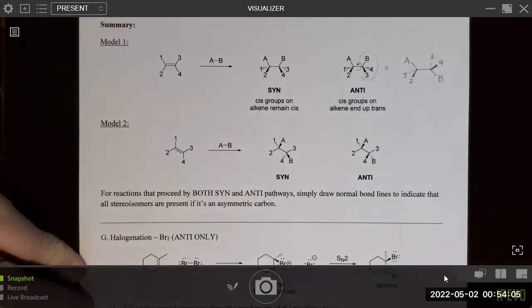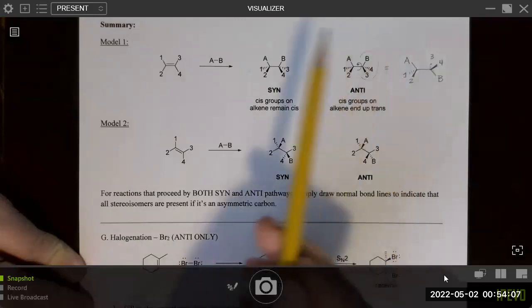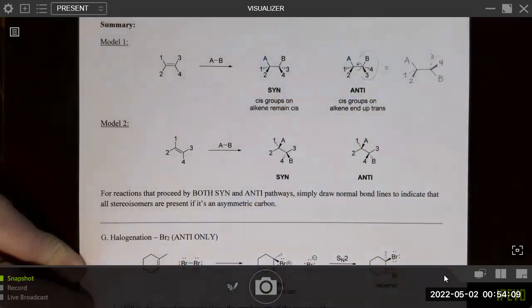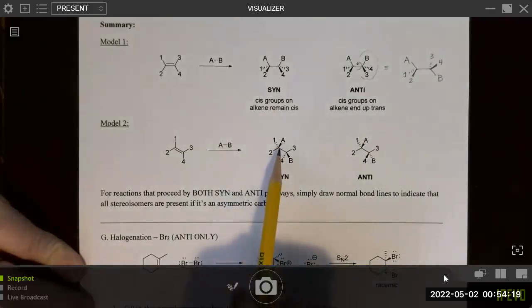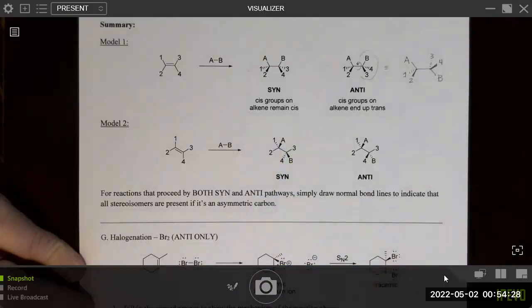Okay, so we just want to keep this in mind when using model 1. And we'll be going through this as the activity progresses. So hopefully that will make more sense to you. Model 2, we place the incoming groups either on a dash or a wedge. Right? So for syn addition, they should go on the same side, either both up or both back.